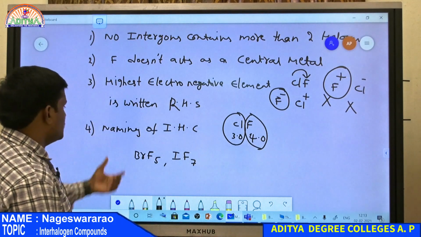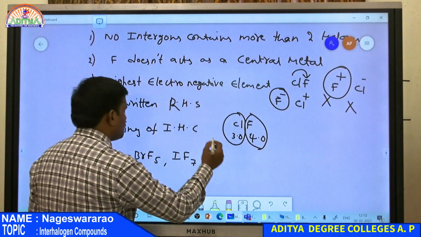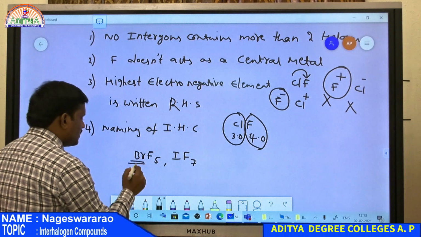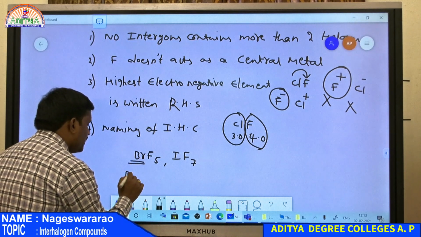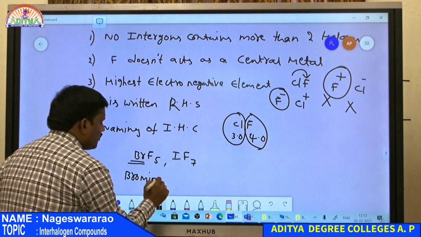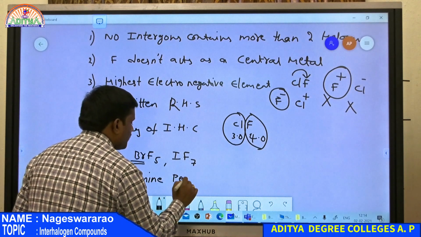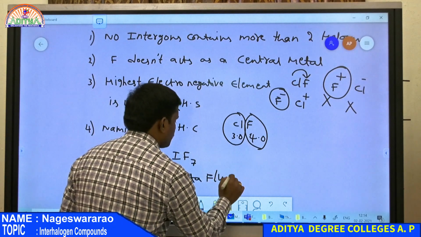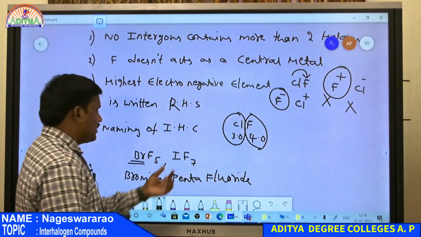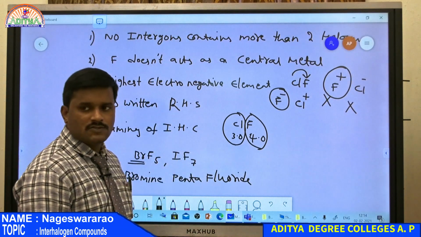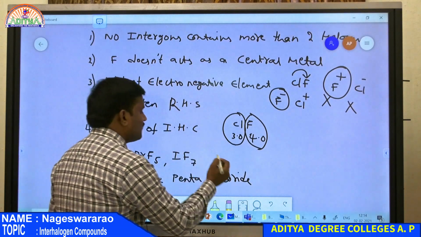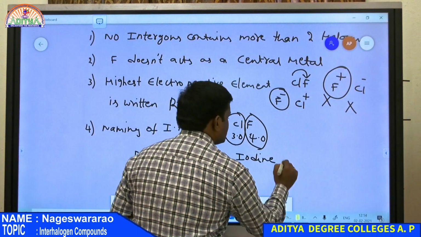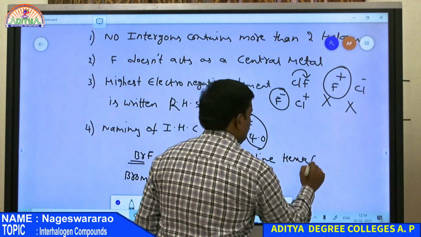Now naming. Naming of interhalogen compounds follows the left hand side element first, that is bromine here. So this is named bromine pentafluoride. There are 5 fluorine atoms, that is why it is referred to as pentafluoride. Similarly, here iodine with 7 fluorine, so it is iodine heptafluoride.